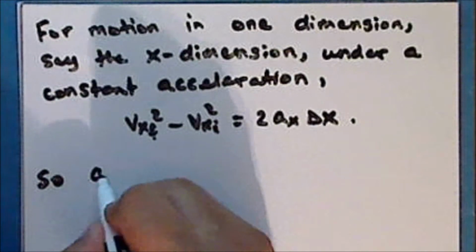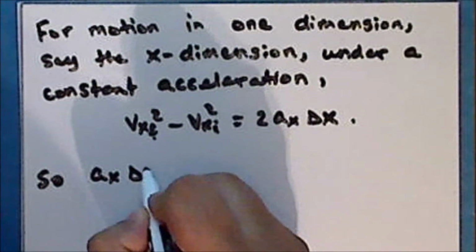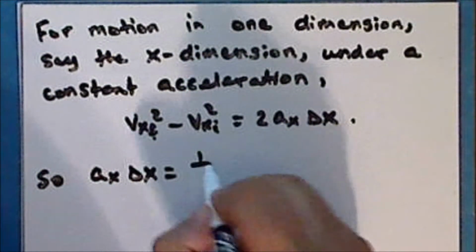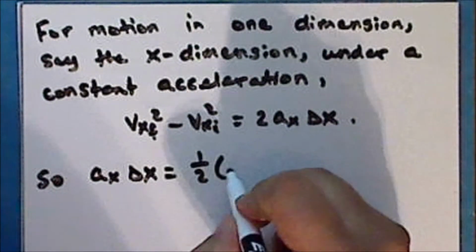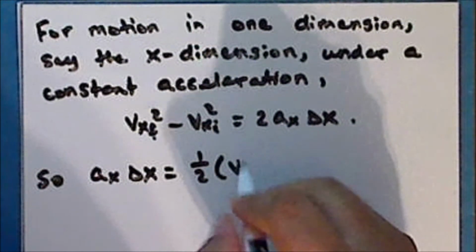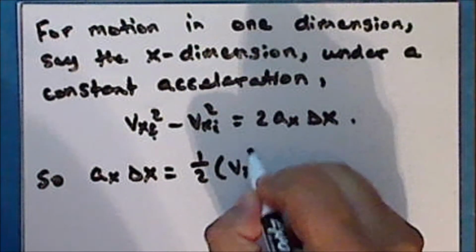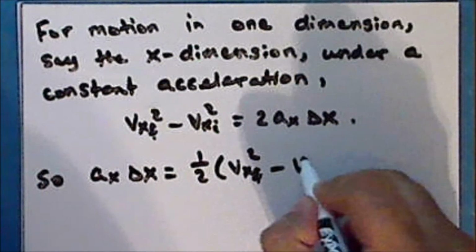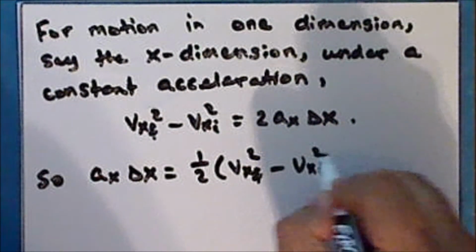And so we have that a sub x times delta x is equal to 1/2 the quantity, the difference of squares of the final speed and the initial speed.